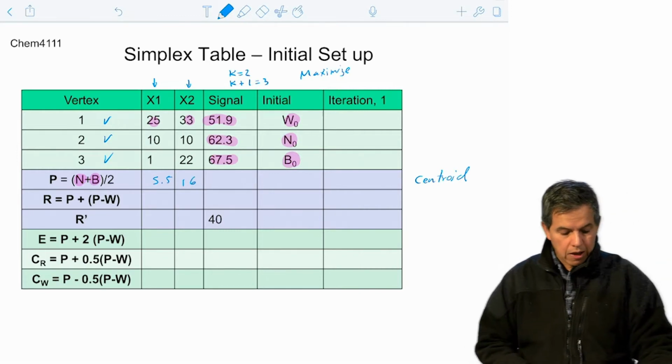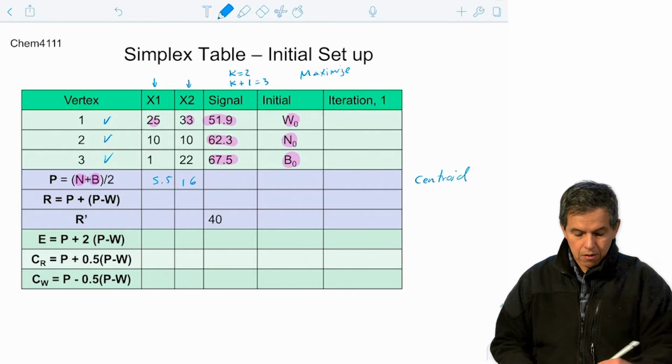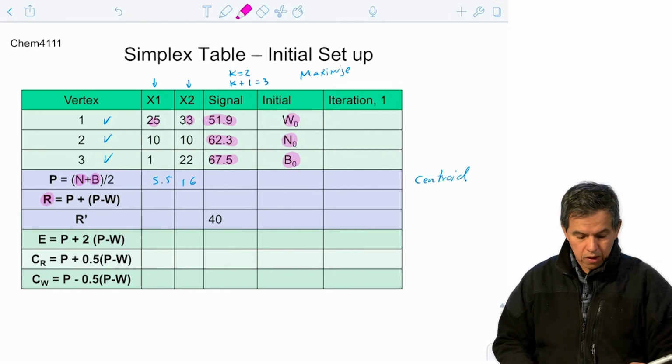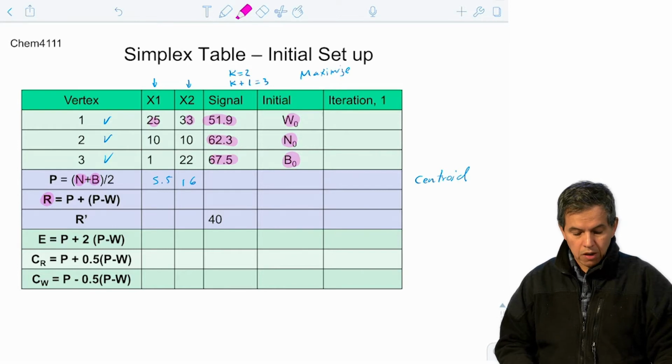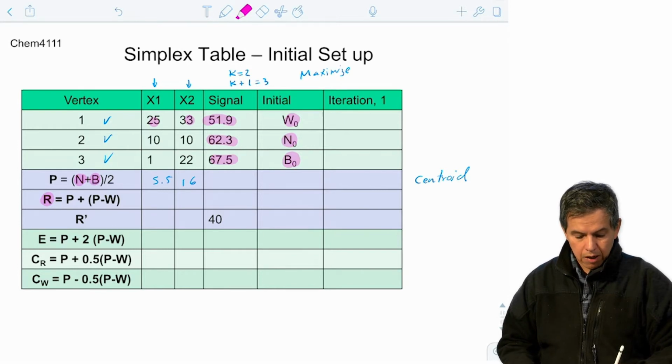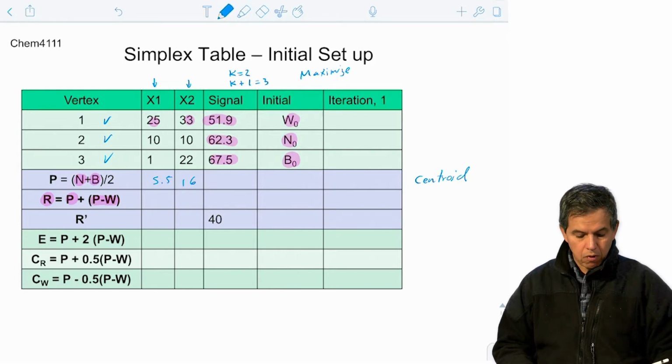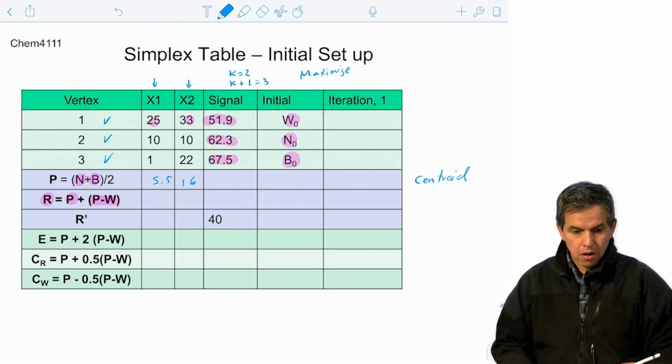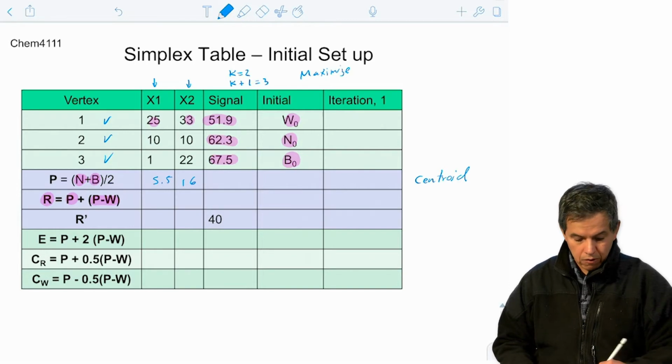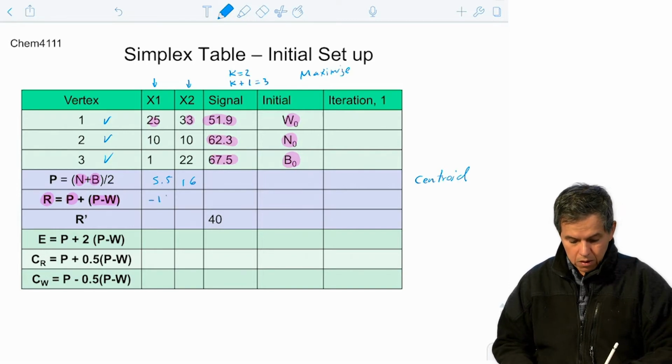We also need to calculate the position of R. And using this formula, we can see that we have to take the centroid and the difference between the centroid and the worst measurement. So for x1, that will give a total of minus 14.